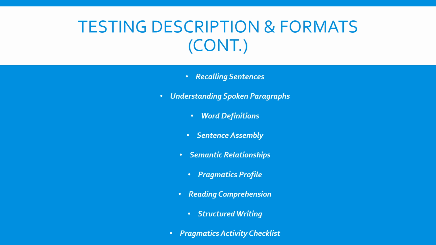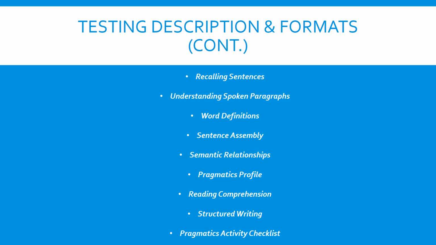Then we have sentence assembly, which is composed of 20 items, used again for 9 to 21-year-olds, and it's about the ability to assemble words and or groups into grammatically and semantically correct sentences.